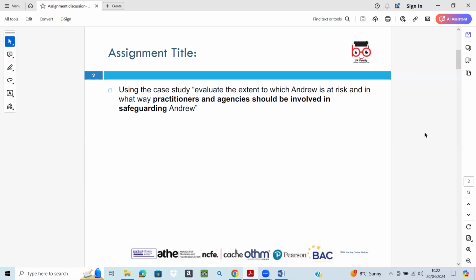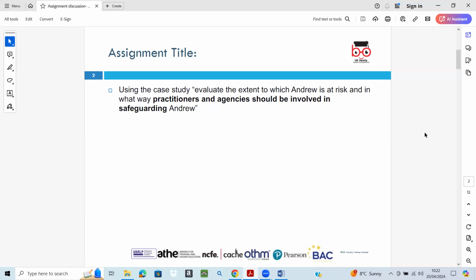They will include the family members also, and ask the individual what their choices are, to get a proper understanding of the needs of the service user. So gathering comprehensive information is really important.